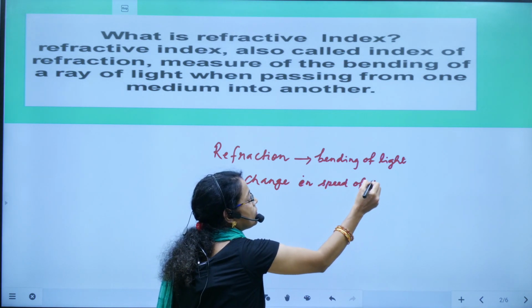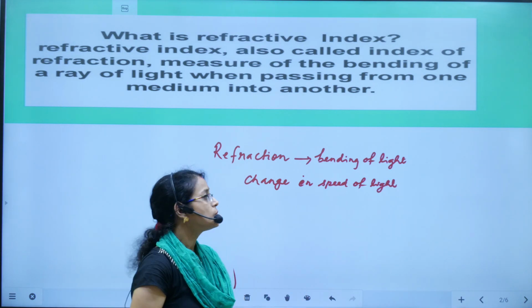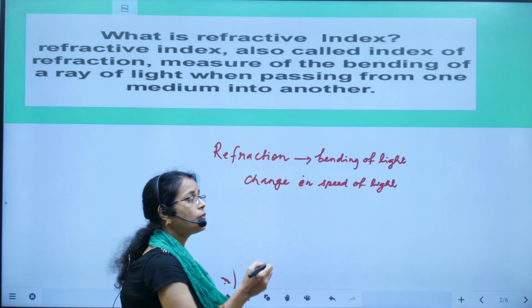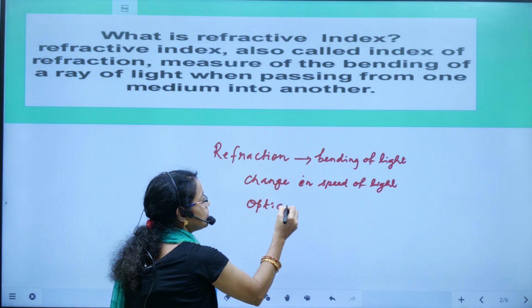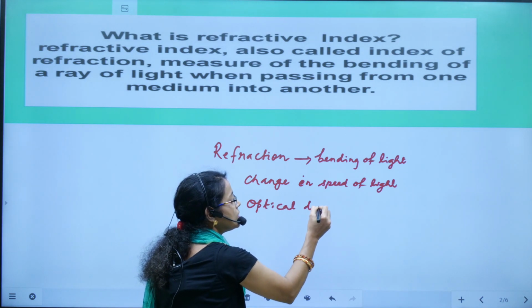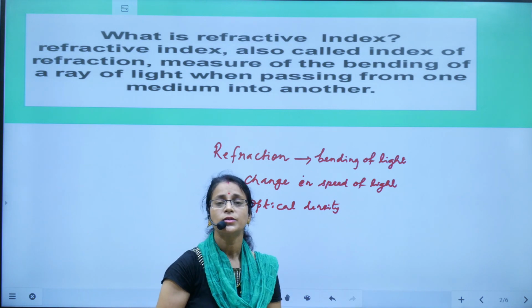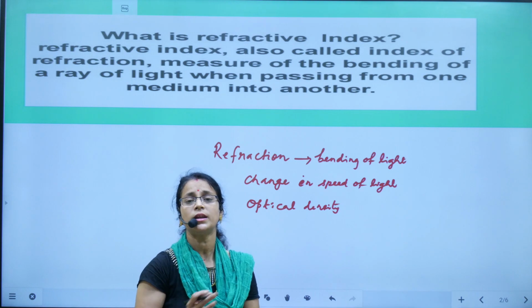So why does the speed of light change? This question arises, isn't it? The change in speed of light occurs because of a main reason, that is the optical density. Till now we have heard about mass density, which means mass per volume, but optical density is totally different from mass density.